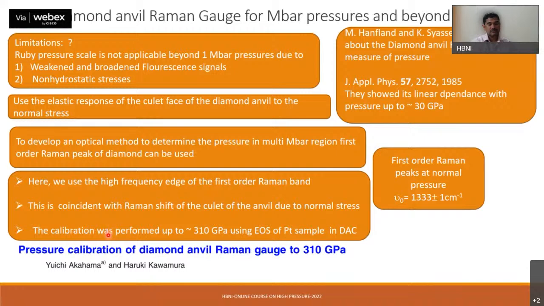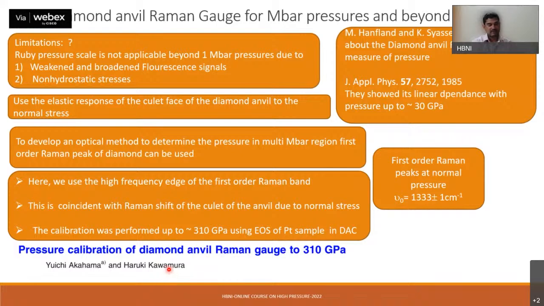And using this method, the elastic response of the culet phase, this calibration was performed up to 310 GPa, 310 gigapascal, using the equation of state of platinum sample inside the DAC by Akahama and Kawamura.